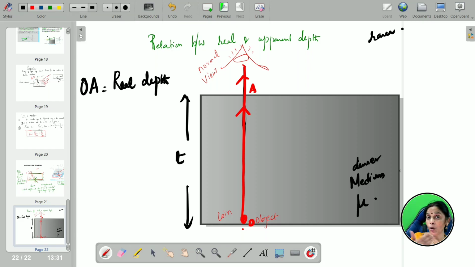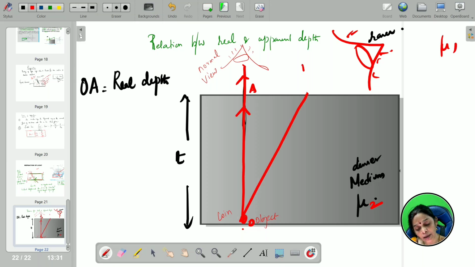Now I am going to view the coin obliquely like this. When it is oblique, the ray of light has to travel from the denser medium to the rarer medium. When the ray of light travels from denser to rarer medium, it bends away from the normal and reaches the observer's eye.